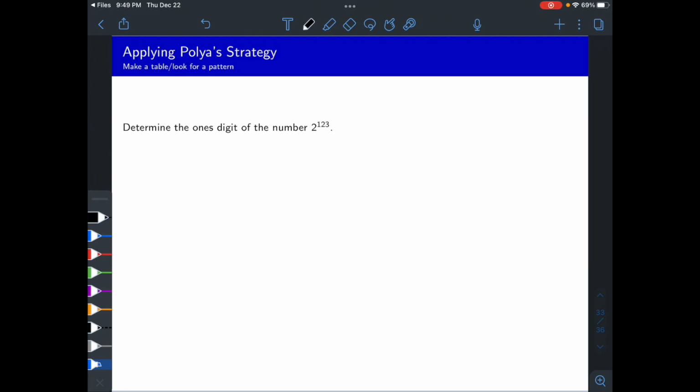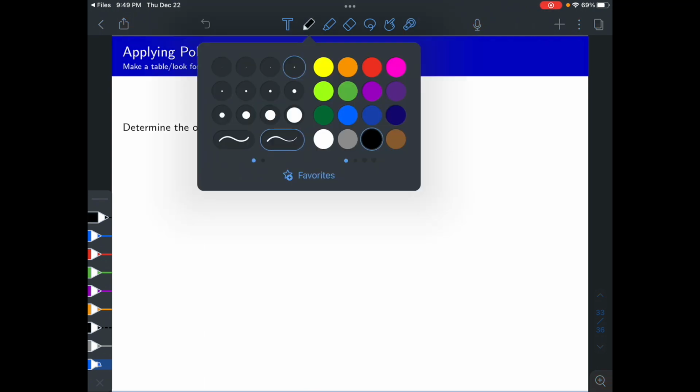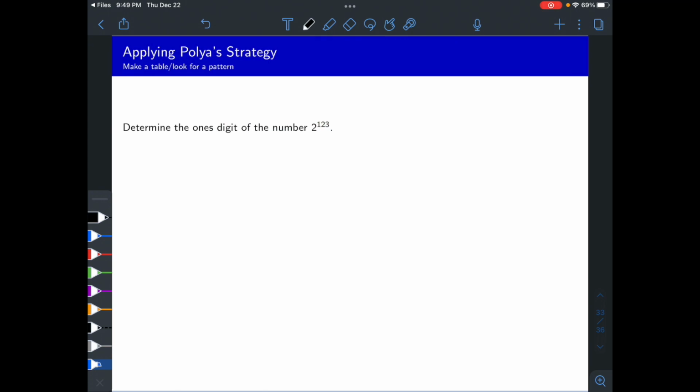Okay, making a table and looking for a pattern. So let's determine the ones digit of the number 2 to the power of 123. First instinct might be to plug 2 to the 123 into your calculator, but this number is going to be so massive, so huge, that most basic calculators will not be able to display the ones digit for you.